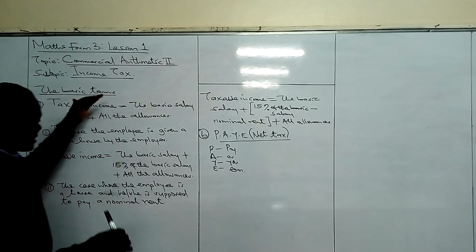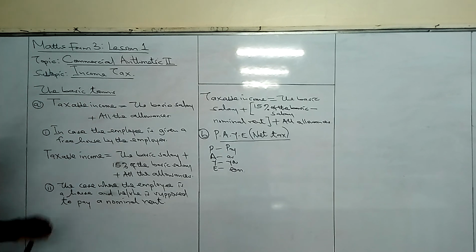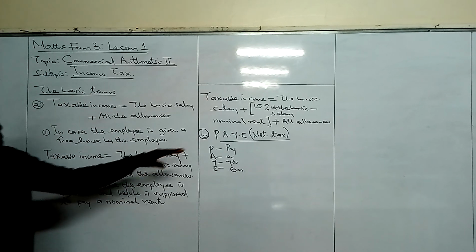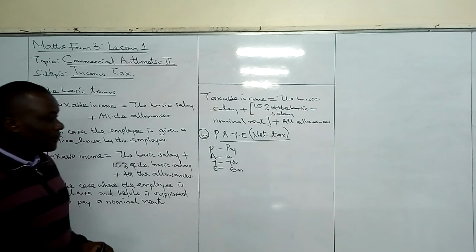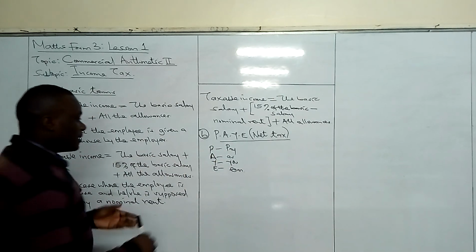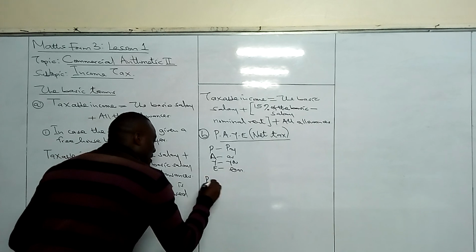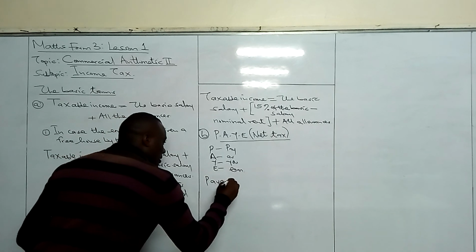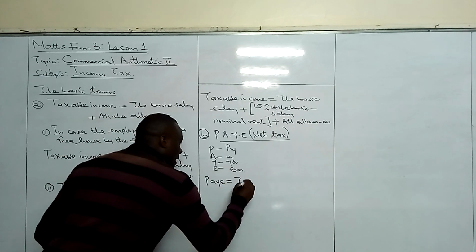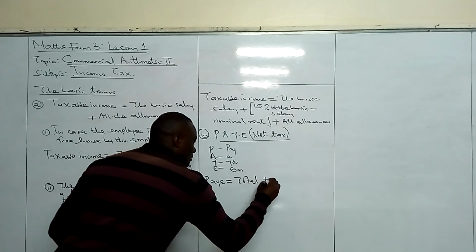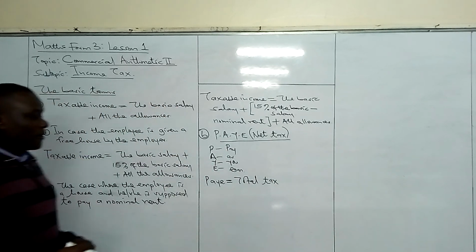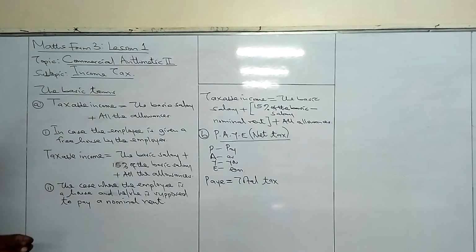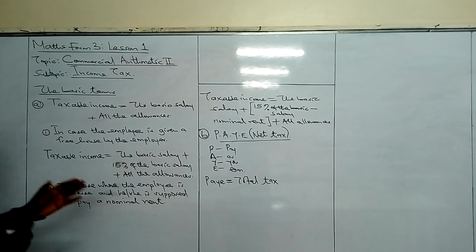So when you are supposed to determine the tax, what you do at this given point, you will say the PAYE is equal to total tax. That's when you have gone through the slabs and you have obtained the total tax.